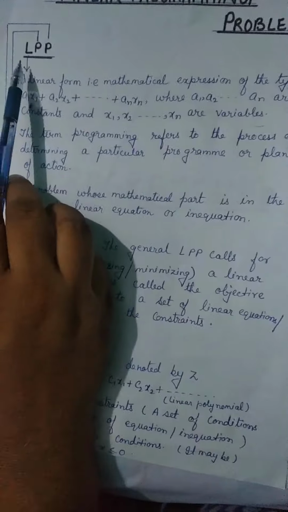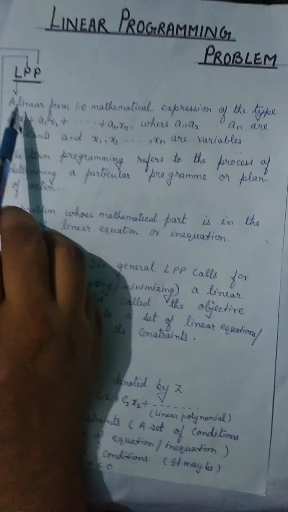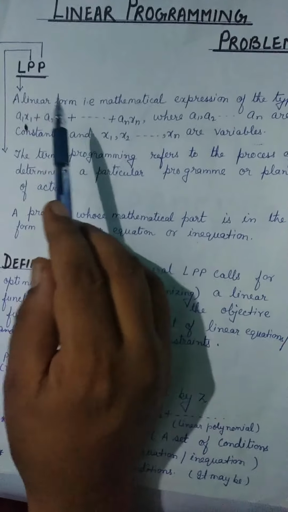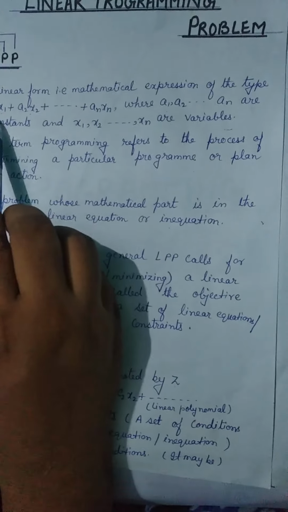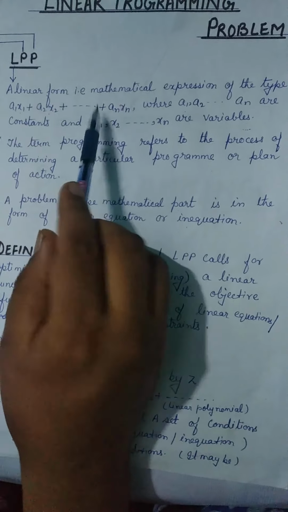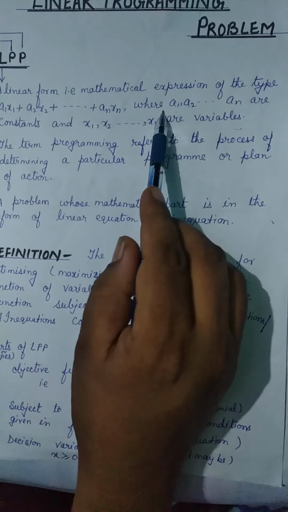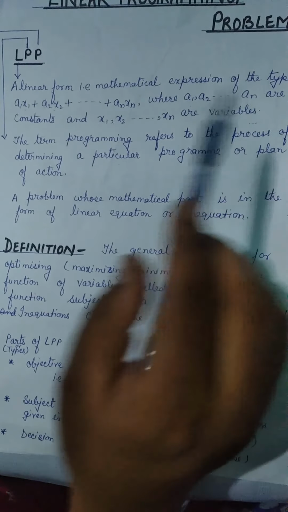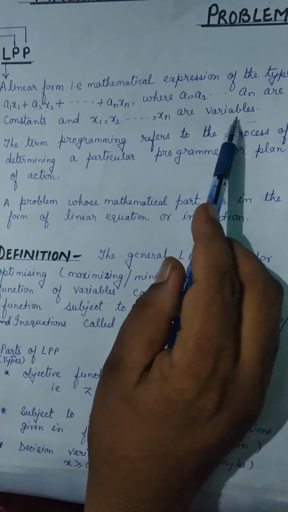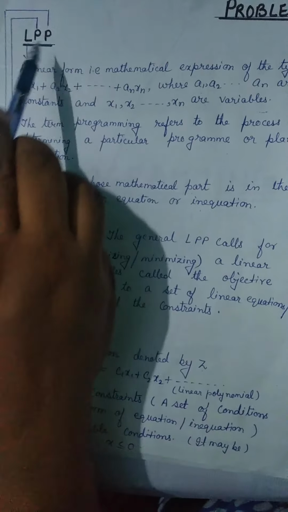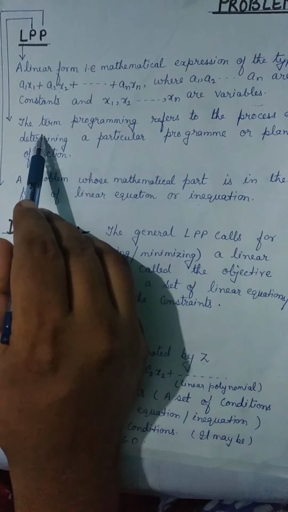LPP. L means a linear form, that is mathematical expression of the type a1x1 plus a2x2 plus anxn, where a1, a2, an are constants and x1, x2, xn are variables. P stands for programming.